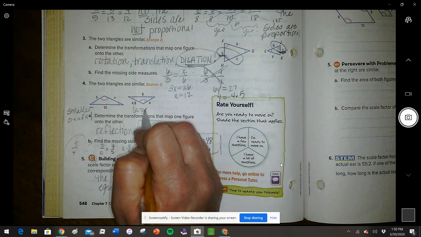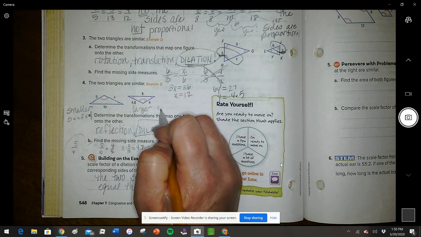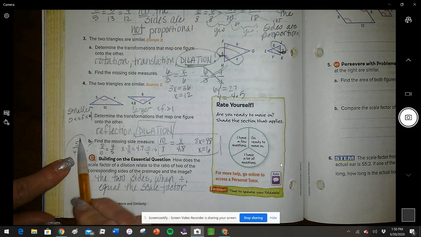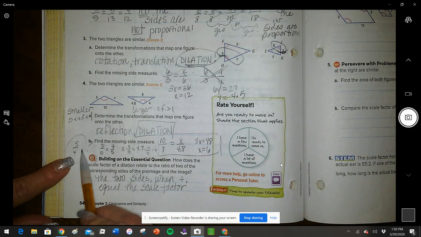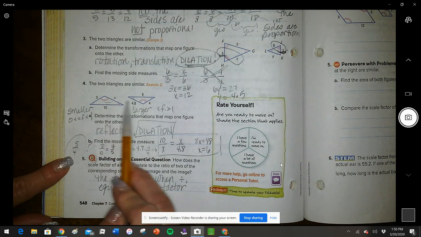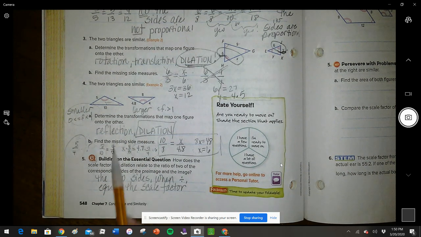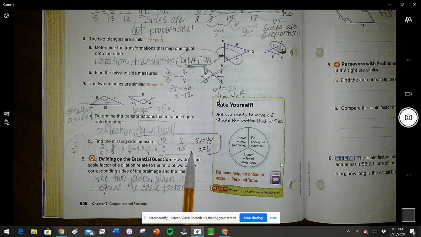So if it gets larger, then your scale factor is going to be bigger than 1. And so with this, 5/4 is bigger than 1, right? Because this is 1 1/4. And this shape, notice it got smaller. So I needed to use 4/5, not 5/4. Again, if you do it this way, you're going to get it right every single time.